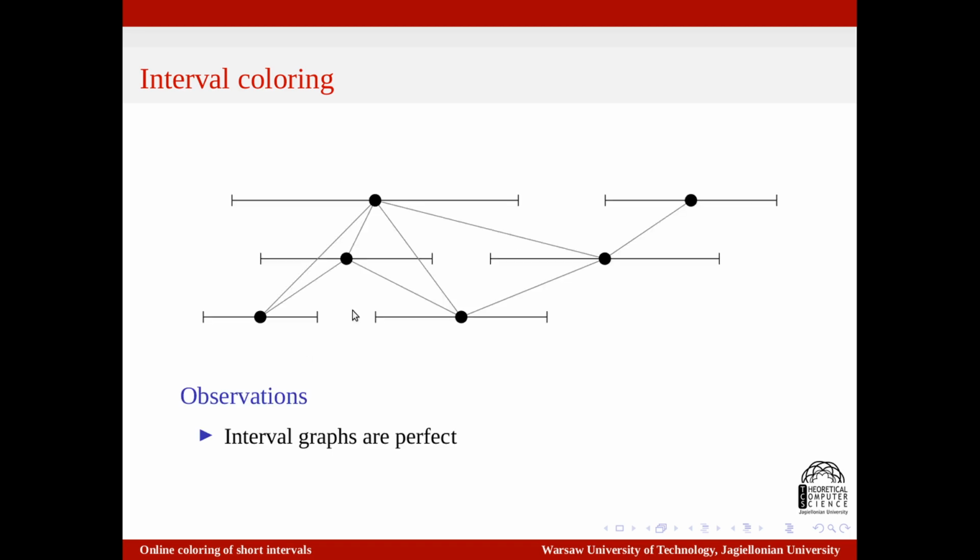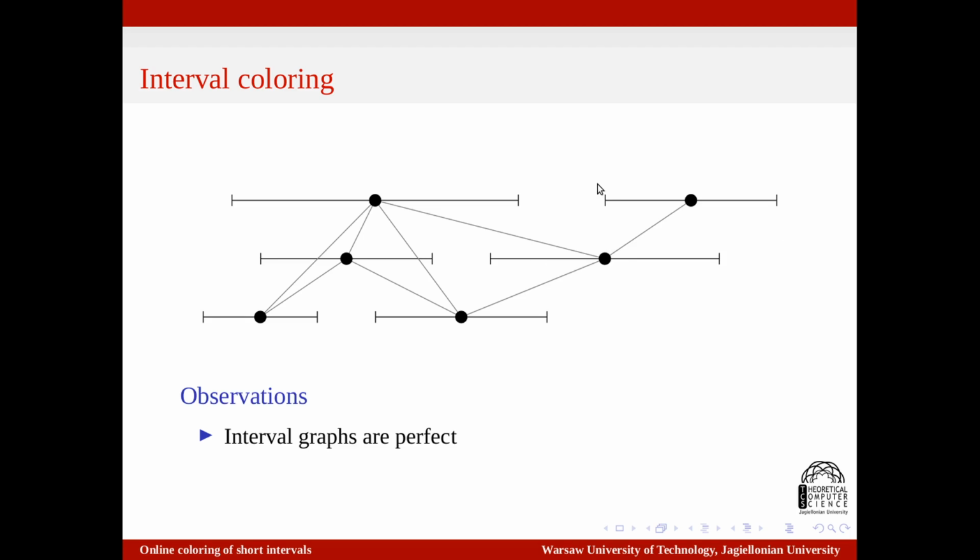So this is the same as constructing the intersection graph of such a system. So we construct a graph where we give a vertex for each interval, and we put an edge between two vertices if the corresponding intervals intersect.